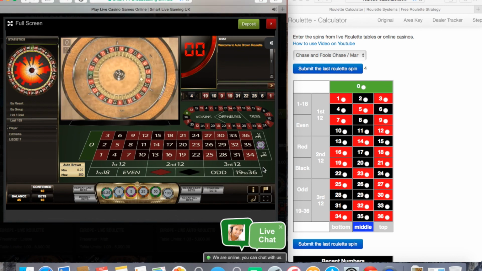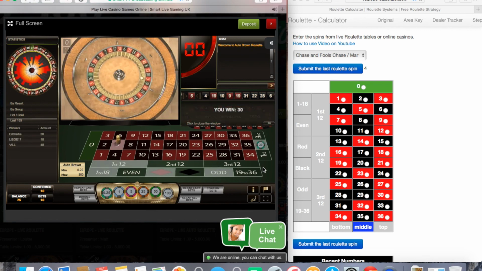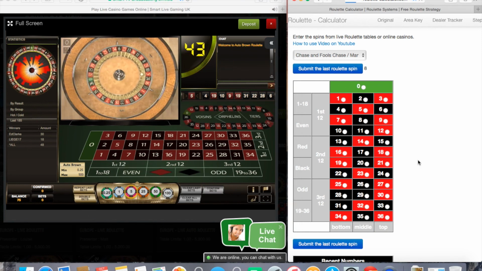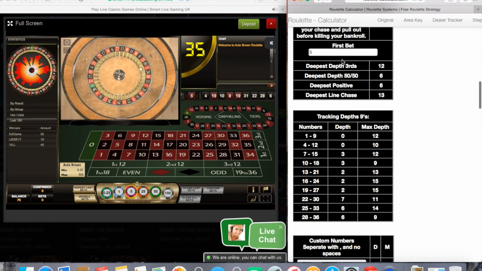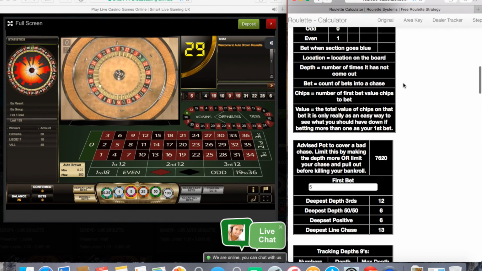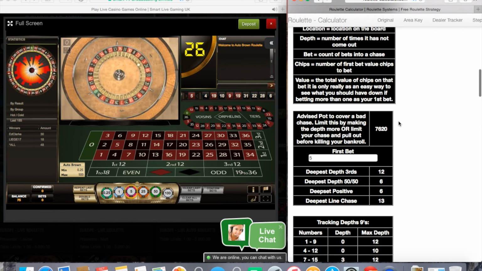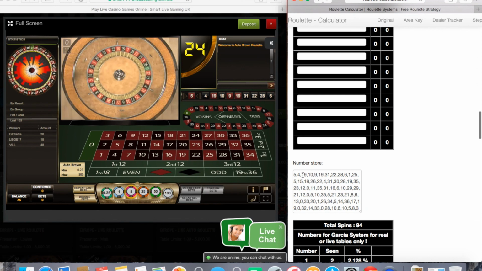So you can see it increases there, and then the last one's £20. 20 plus 15 is 35, plus 10 is 45, plus 5 is £50 you put down, and you'll get 60 back, so it drops down a little bit there. But as you can see, the bet came in for me there, putting me up to £70.